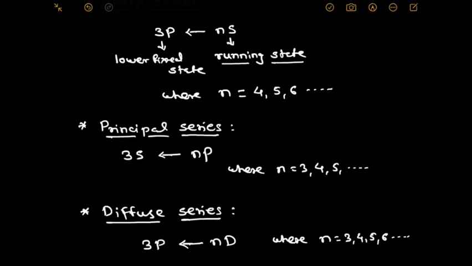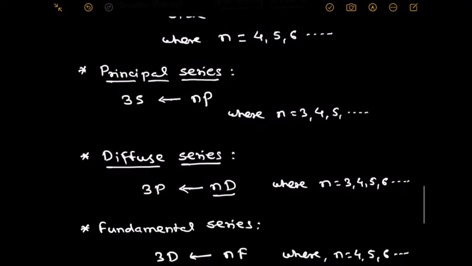All ND states, meaning n is greater than or equal to 3, starting from 3, 4, 5, 6 and so on. Spectral lines start from 3D, 4D, 5D, 6D, and end on the lower state, the 3p state, and therefore that series becomes a diffuse series.